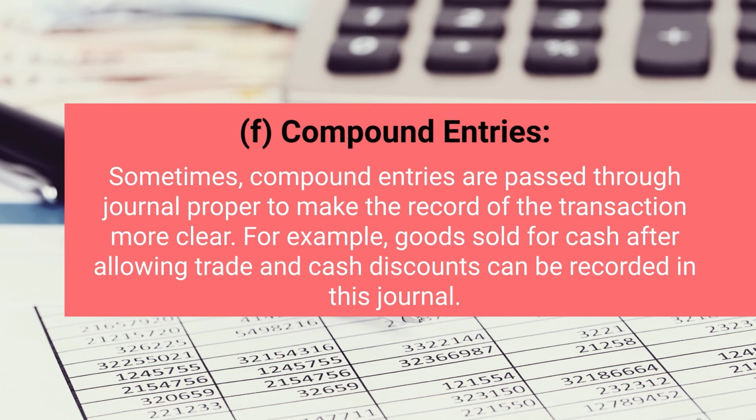Dear learners, you might be well aware that trade discount is never recorded in the books of accounts, but cash discount is always recorded in the books of account. So this was all about the transactions which are recorded in the journal proper.